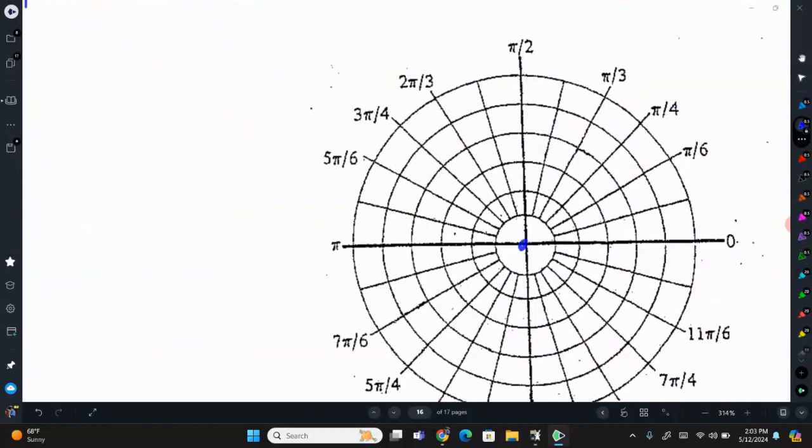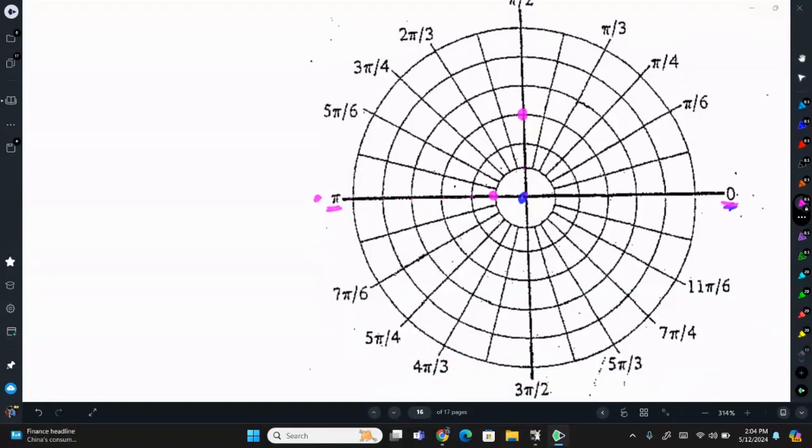So at 0, instead of going towards 0 degrees, we're going 1 in the opposite direction. Then when it was pi over 2, the r value was 3, so 1, 2, 3. When theta was pi, r was 7, so we go towards pi 7 units, 1, 2, 3, 4, 5, 6, 7.